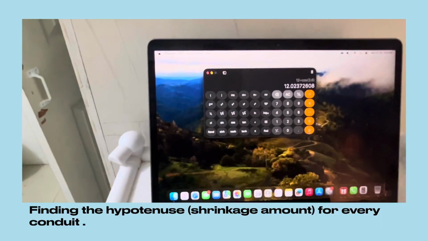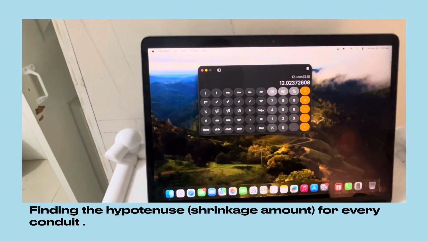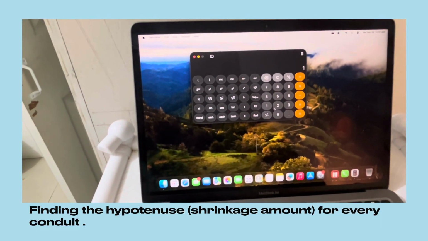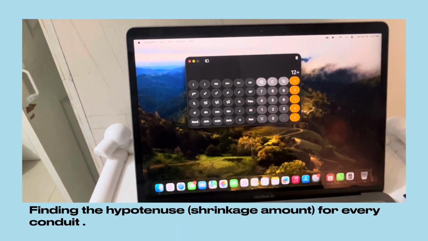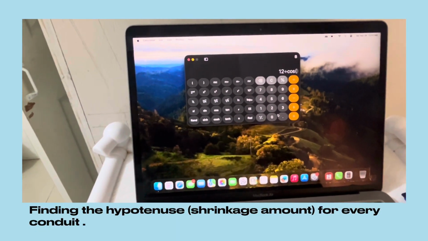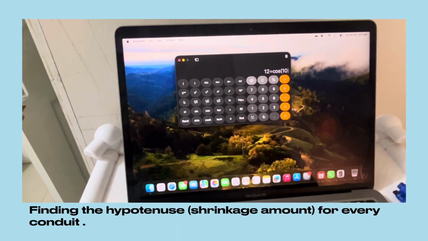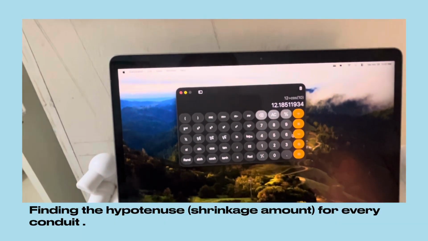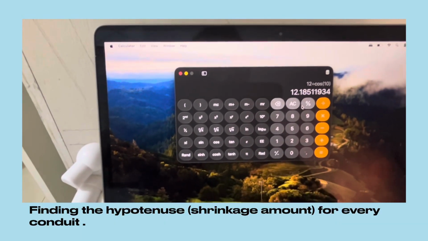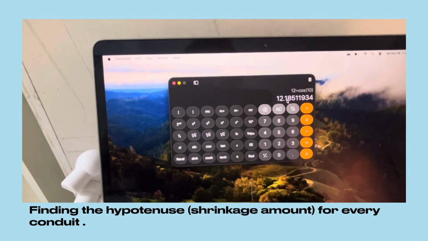So for the second it will be 12 divided by cosine of 10 degrees. This is 12 inches and 0.18.